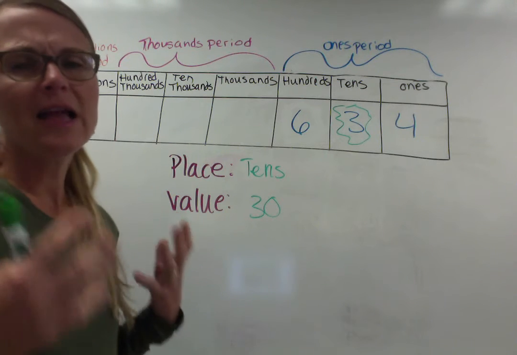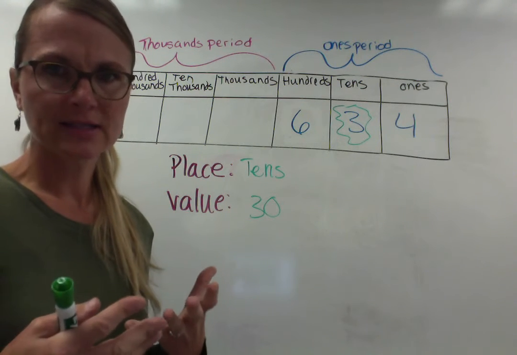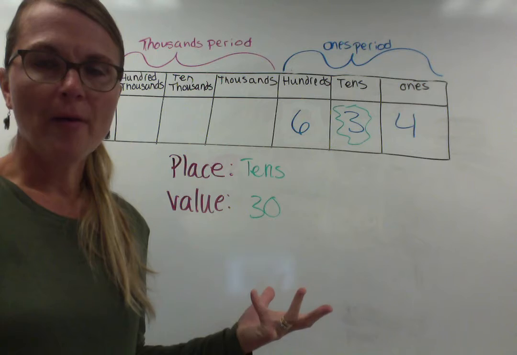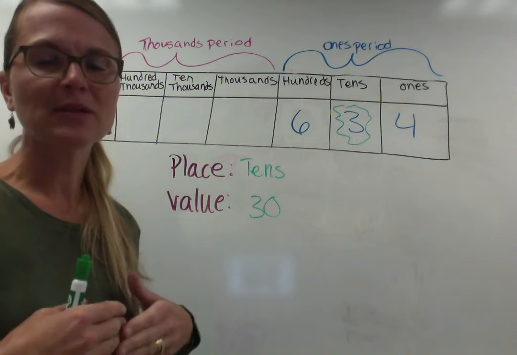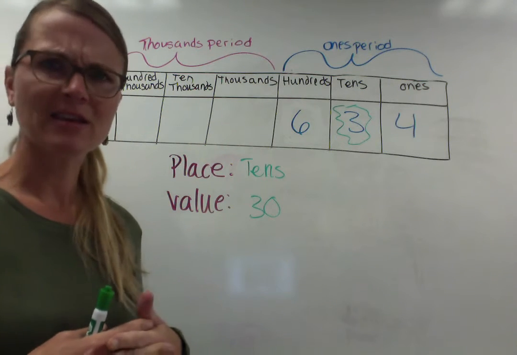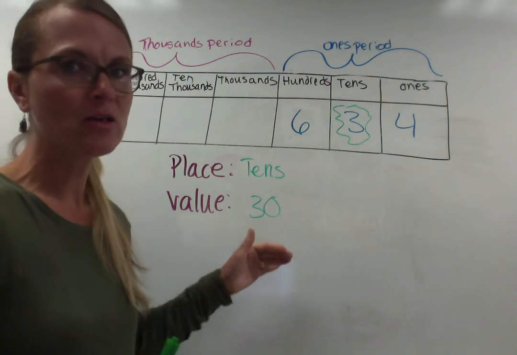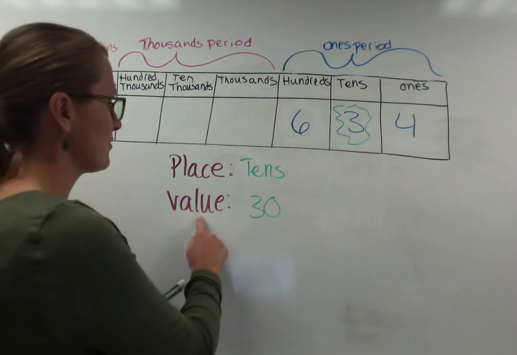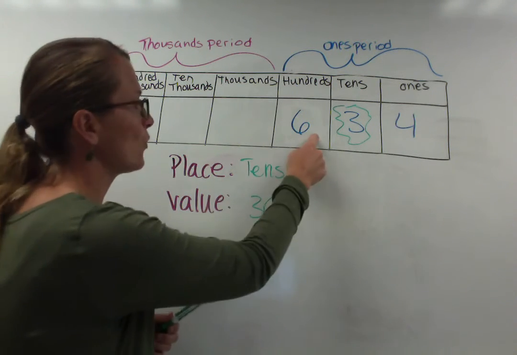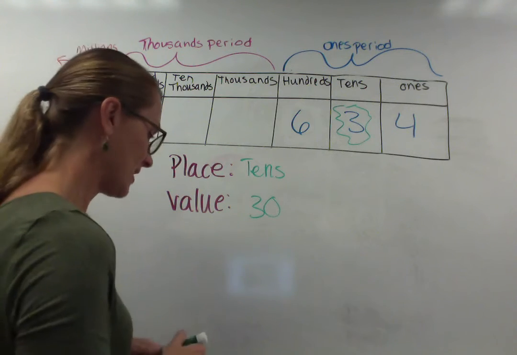It's not anything you don't already know, but sometimes when people ask us for these things, it gets confusing. They ask what place it is in, or what the value of the number is. The value is what it's worth. The place is where it's located.